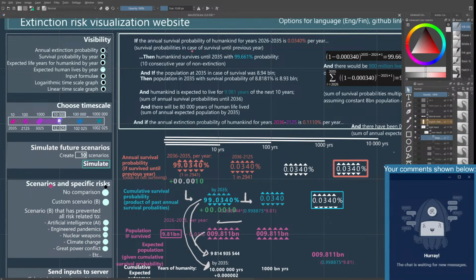I could also have it below here or here on top. I think here would be quite okay.